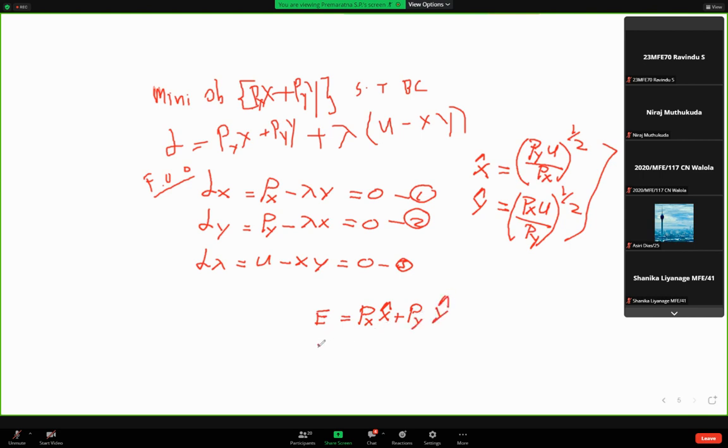You get the expenditure function, which means px times the square root of py u over px, plus py times the square root of px u over py.